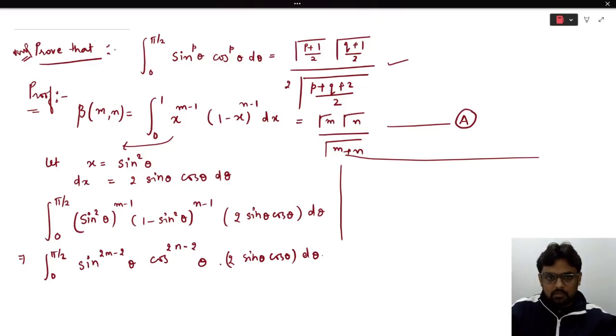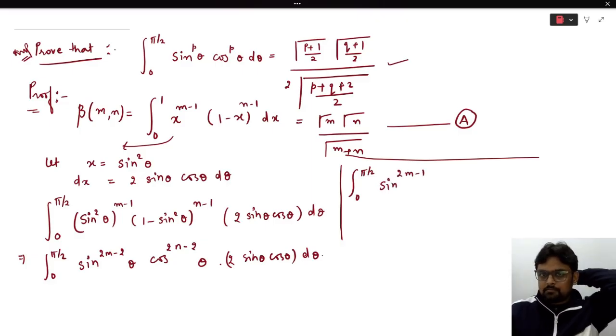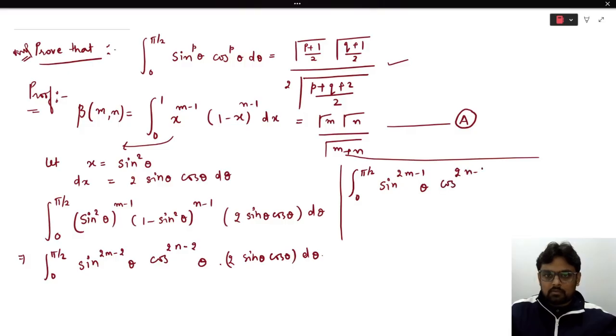So here the powers add, and this will become the integral from 0 to π/2 of sin^(2m−1)θ, obviously, and cos^(2n−1)θ, and this is 2. You can write 2 outside the integration, and this is dθ.